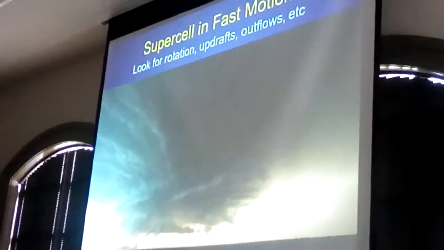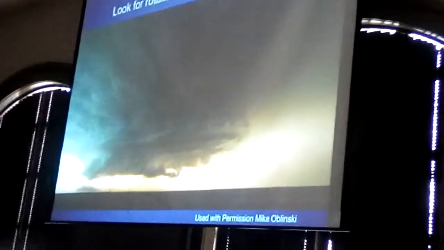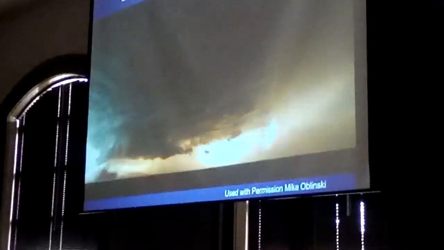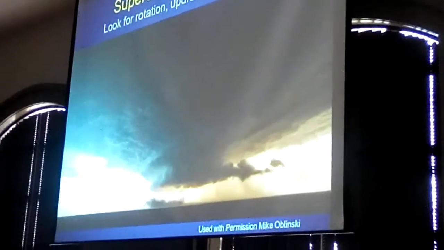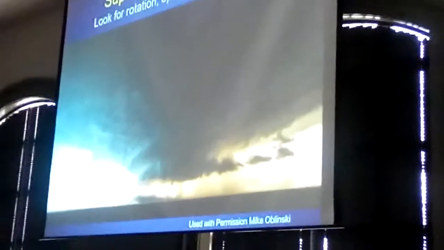You see the outflow with the dust. The whole thing has striations spinning around this supercell storm. Sometimes you'll hear of an inflow tail. That's what that cloud feature is there.